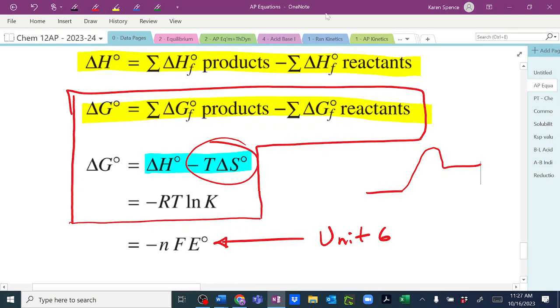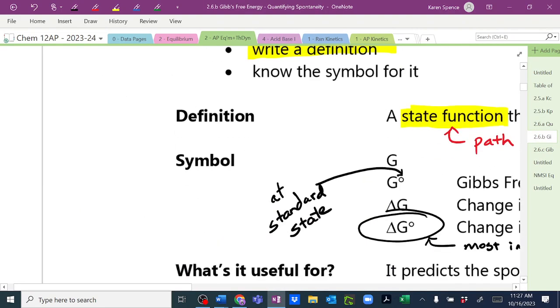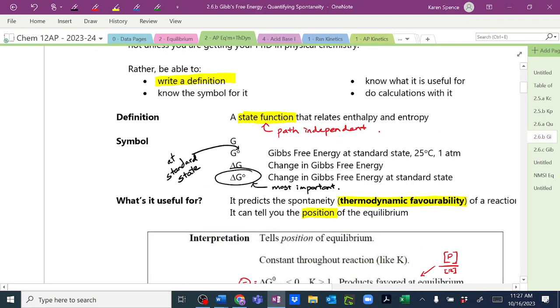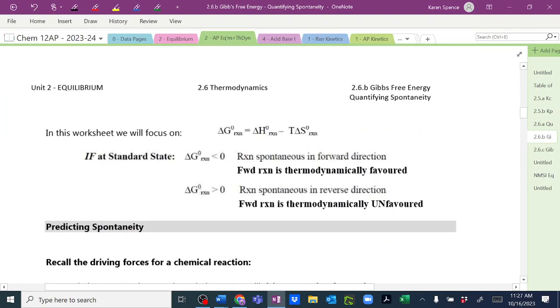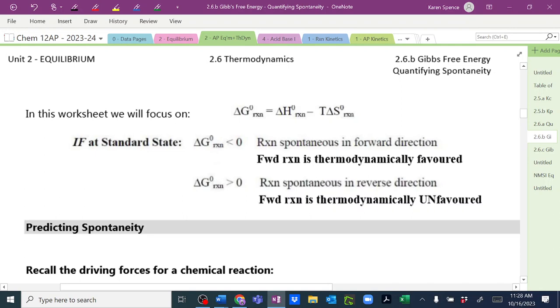Okay, back to here. All right, so in this worksheet, we're going to focus on delta G naught is equal to delta H naught minus T delta S naught. And one thing you should realize is that delta G is usually given in kilojoules per mole.